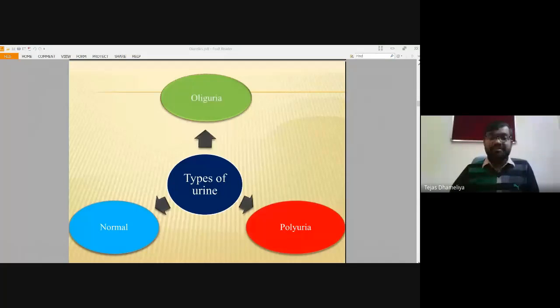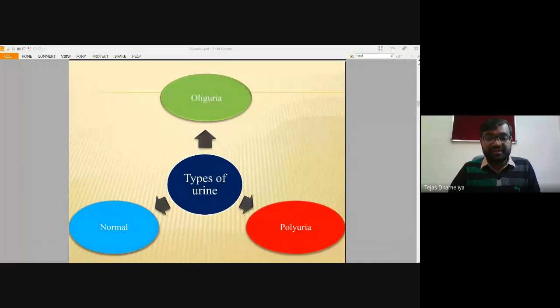In normal urine, the patient will have all the balanced electrolytes, and they are generally normalized in this condition, and there is no big challenge for that, right? But another kind of condition is called oliguria.